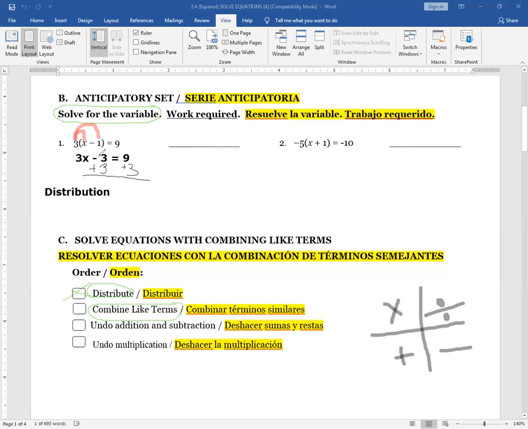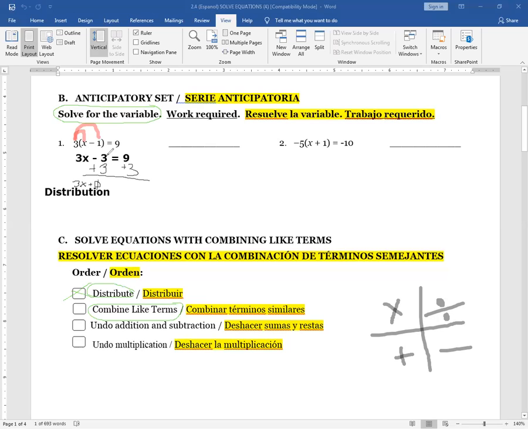So negative 3, if I owe you 3 and you pay me 3, do you owe me anymore? No. So it's 0, right? All right. So now we have 3x plus 0.